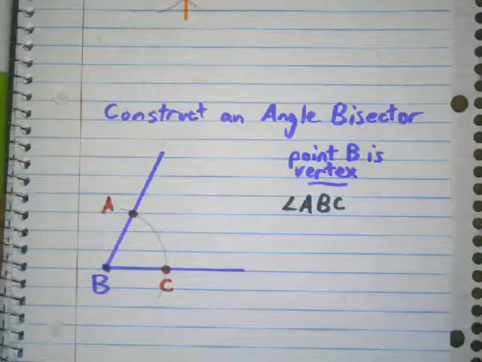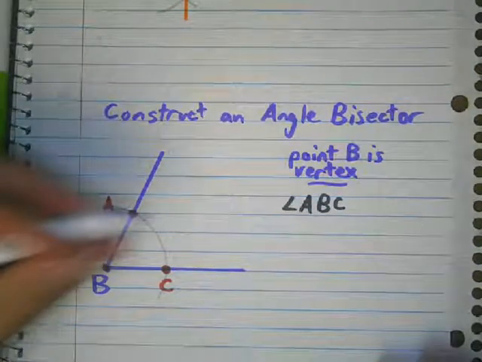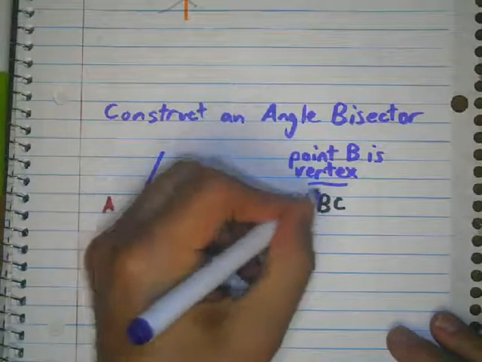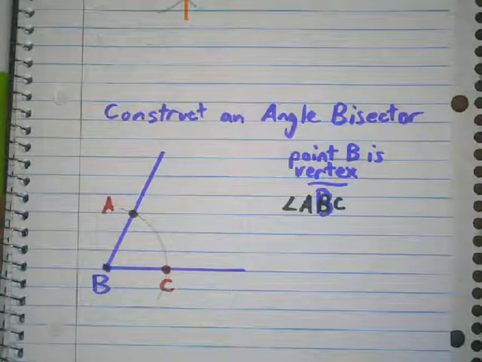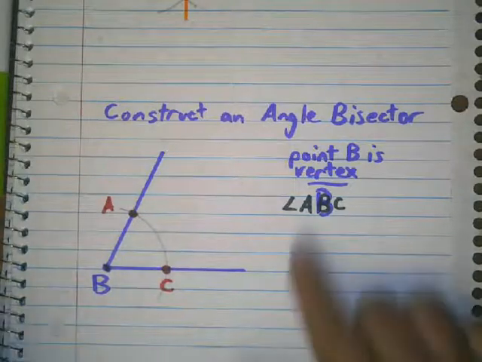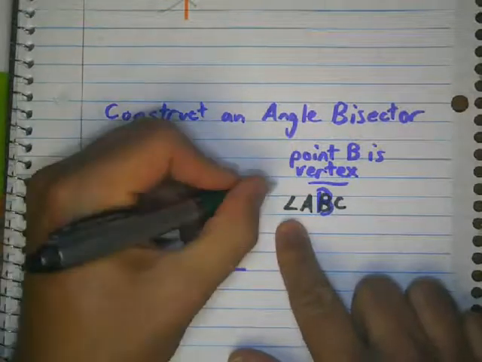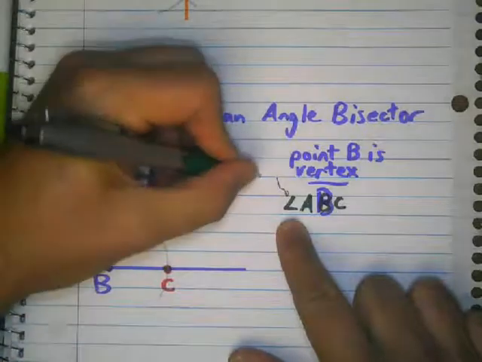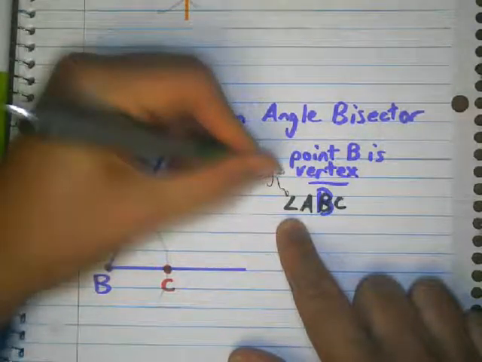And it's important that we always have the vertex be the center letter of an angle when we're writing it. And this little picture here means we've got an angle. Okay?